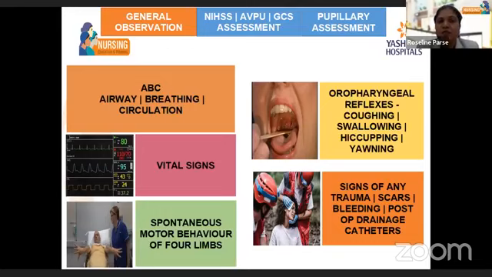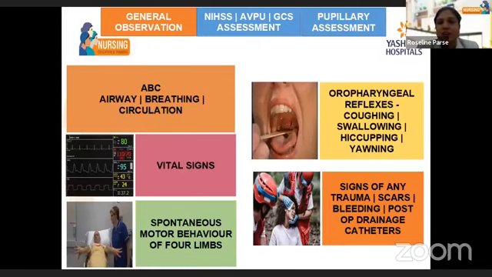Then breathing, also any abnormal sounds like crackles, wheeze. And then you will see if the patient is in labored breathing. Is he using any of his accessory muscles while breathing? Is he in distress, tachypnea and all? Then circulation: we check the temperature, we check pallor, we check the refill time to assess that the circulatory function is good.